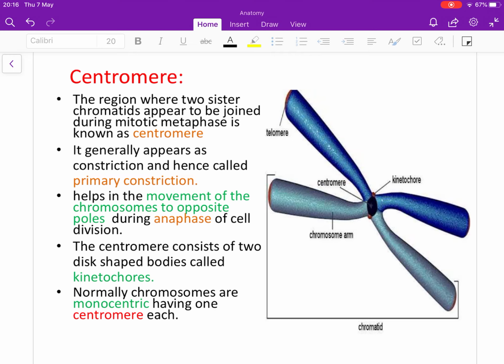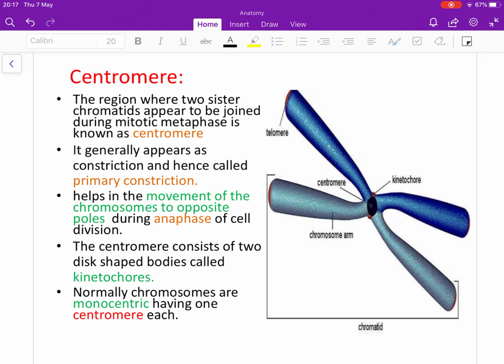Now, see in this diagram, there are two chromatids. This one is light and this one is dark blue. This one is one chromatid and this one is another chromatid. Both these are called sister chromatids because they belong to one chromosome.